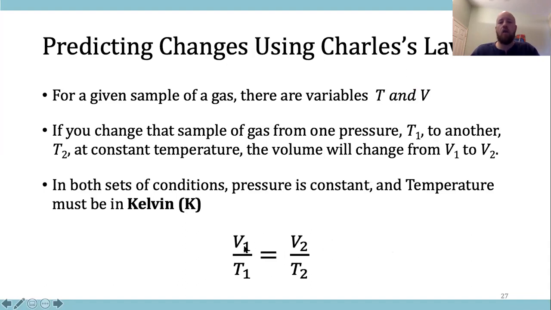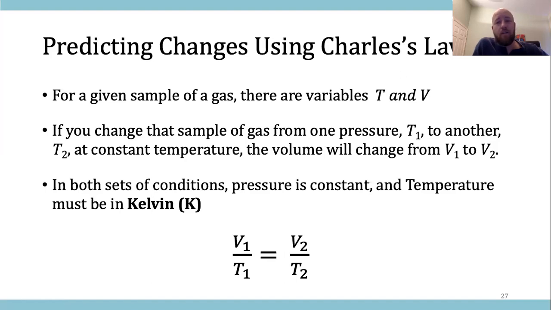In Boyle's Law, it didn't matter what units you were using. You could do everything in Pascal, you could do everything in ATM. It didn't matter which volume units. In this one, there is a limitation. The units for temperature must be in Kelvin. You can't use Celsius, because what happens when it's 0 degrees Celsius?